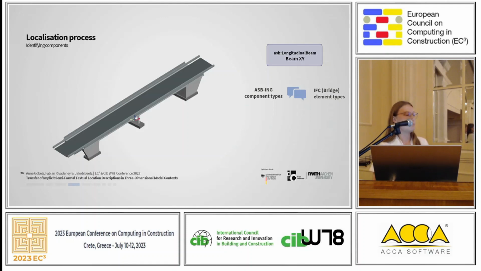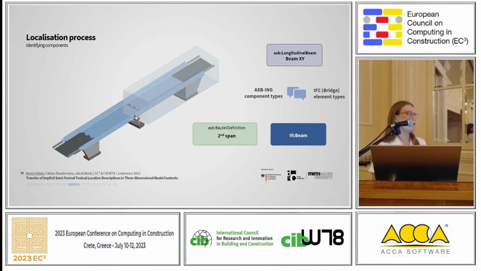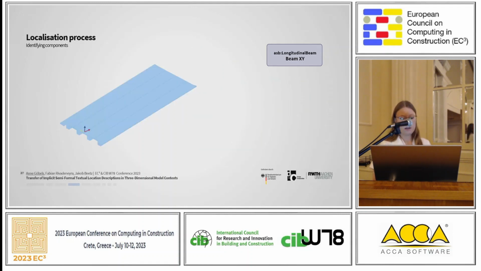And now with our mapping, we just filter our model for the IFC beam type. So now we have all IFC beams and intersect them with the bounding box that represented the second span. And all model elements that lie inside this box are now selected. And now we have the second term, the third component from the left.